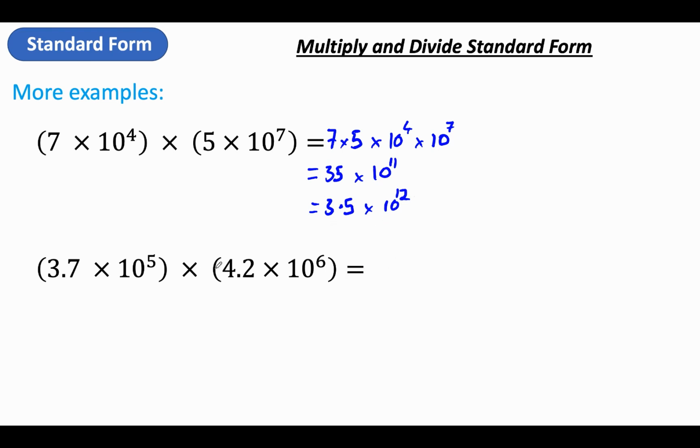This one, we got 3.7 times by 4.2 times by 10 to the power of 5 times by 10 to the power of 6. Okay, well, I'm going to use a calculator for the first part. So 3.7 times by 4.2 is 15.54.